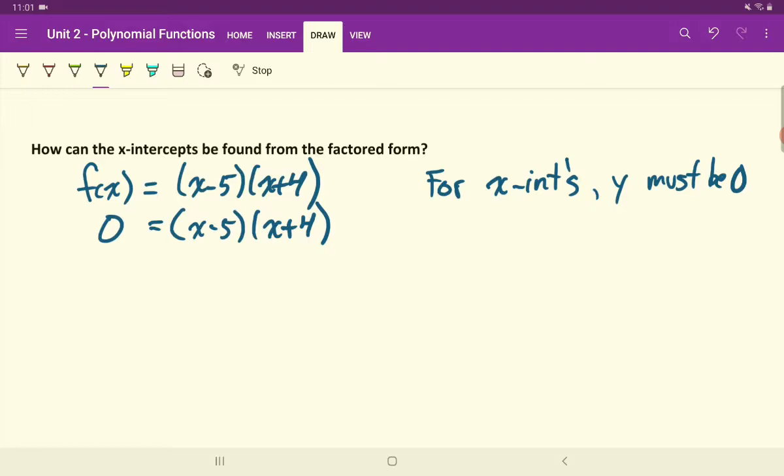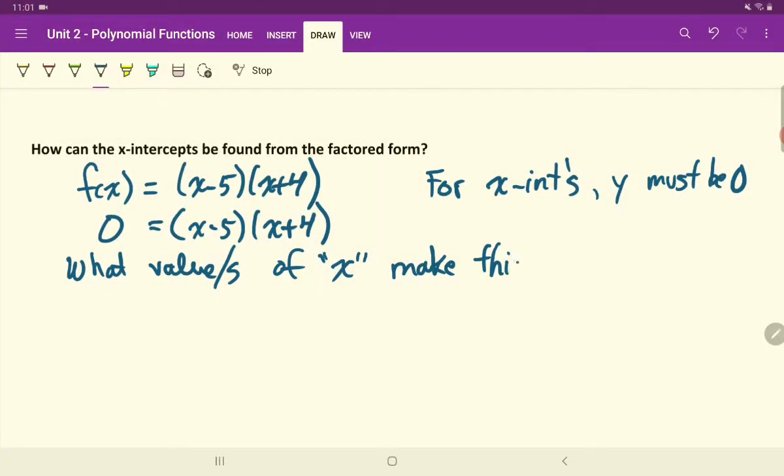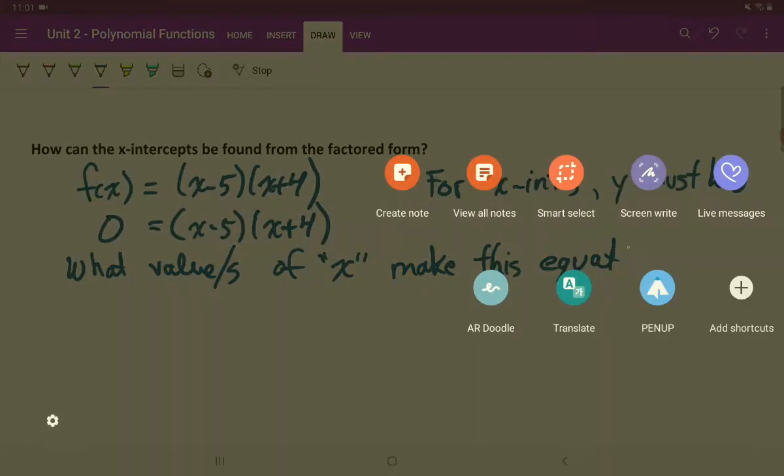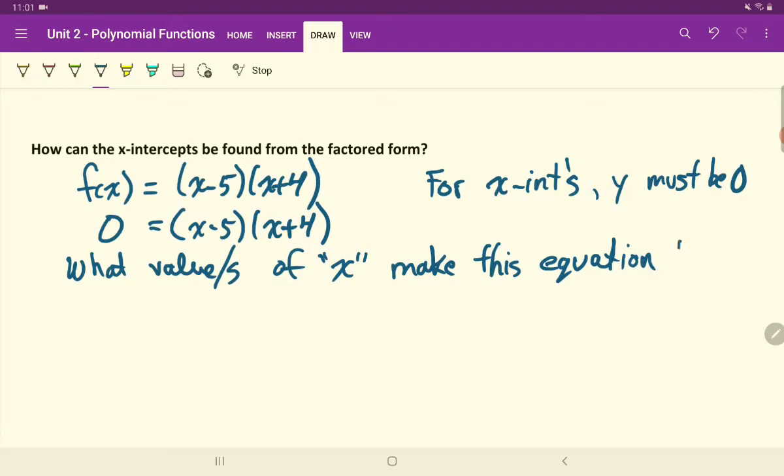And what it's really saying is: what values of x make this equation true? And by true, I mean equal to 0, right? Because it's saying that the equation is equal to 0. So what value or values of x make this equation true?